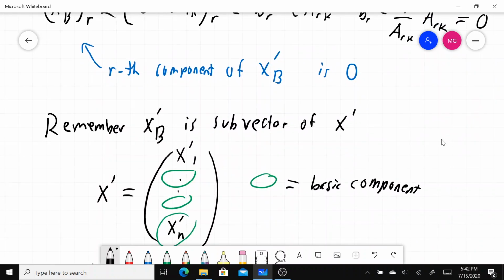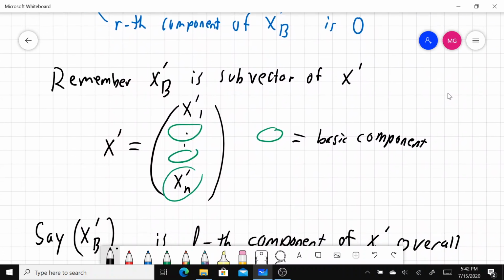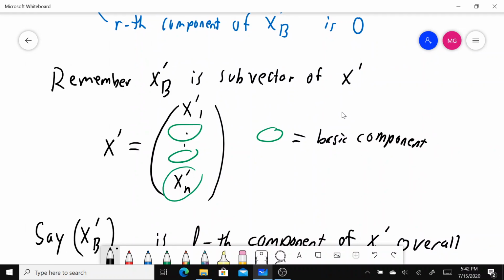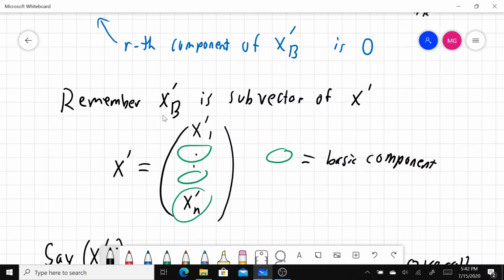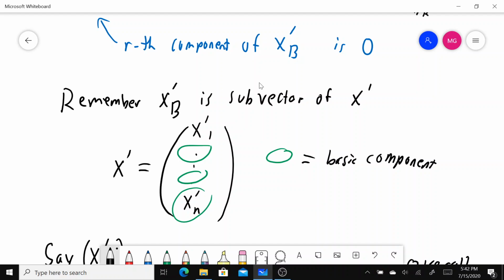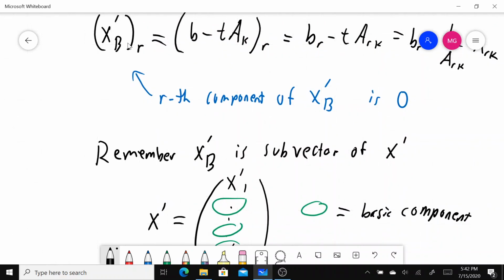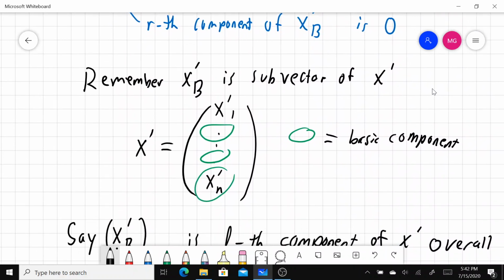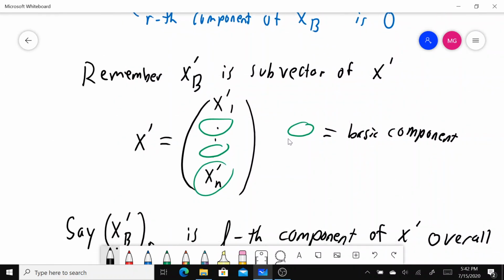But just remember that xb prime is a subvector of the overall vector x prime. So within the subvector xb prime, this is the rth component that we're talking about, xb prime sub r. But in the overall vector, it's not the rth component, it's some other component. So here's a picture. x prime consists of a bunch of components, x1 prime, and so on, all the way to xn prime. And only some of these components are the basic components.